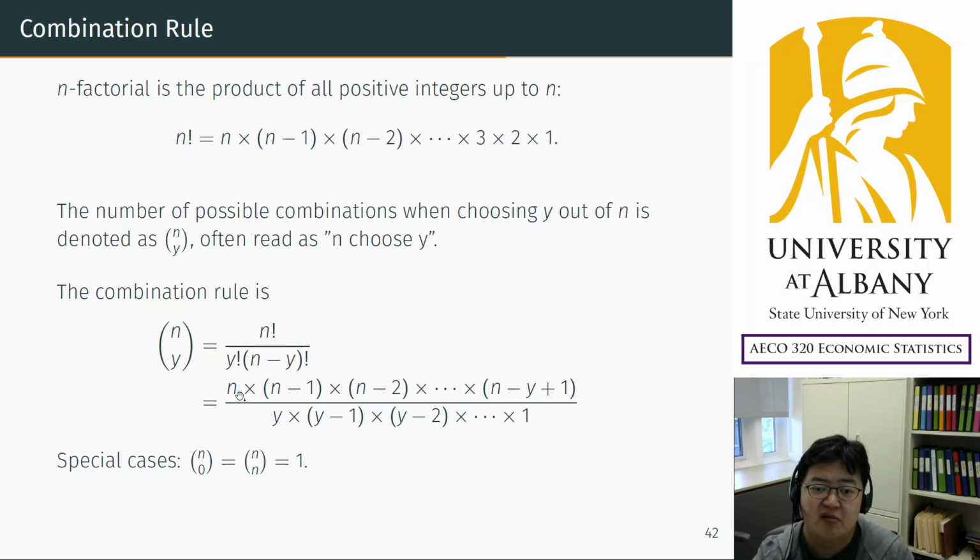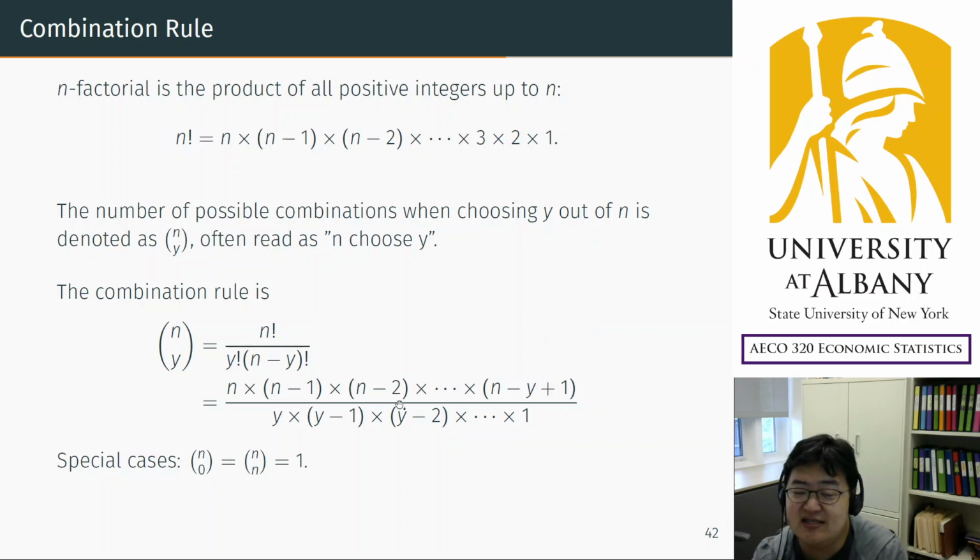In the numerator, we multiply n, n minus 1, n minus 2, and y numbers are multiplied, starting from n. In the denominator, also y numbers are multiplied, starting from y down to 1. You see, right? Either way, this is the formula.